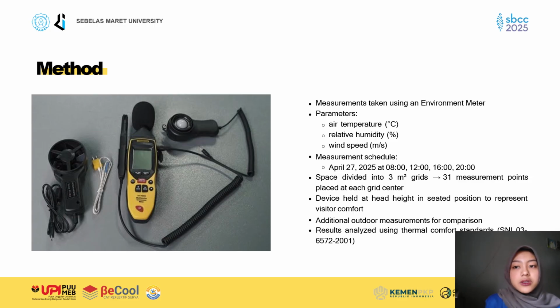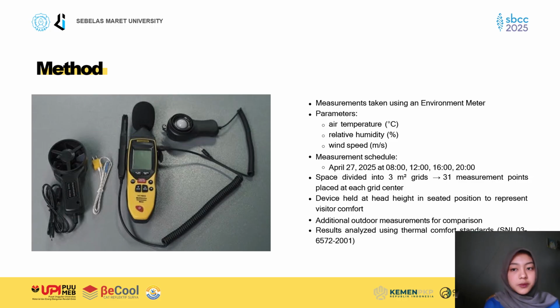The data collection was conducted on April 27, 2025 at four specific times: 8 a.m., 12 p.m., 4 p.m., and 8 p.m. These time intervals were chosen to capture thermal conditions during different periods of the day, from morning to evening.